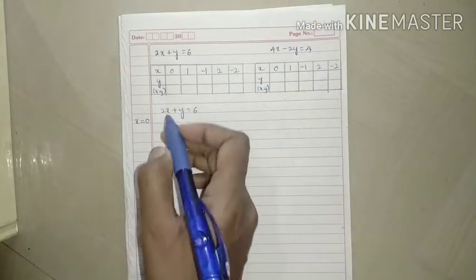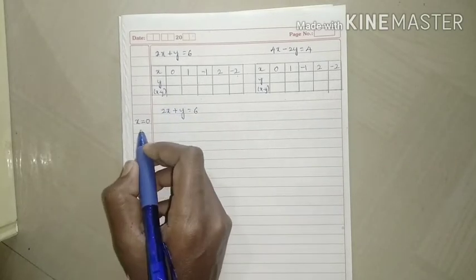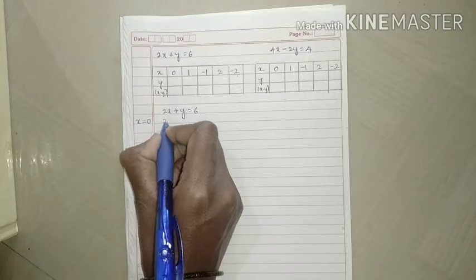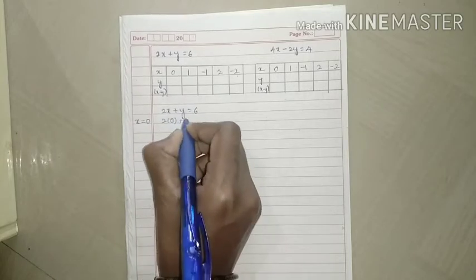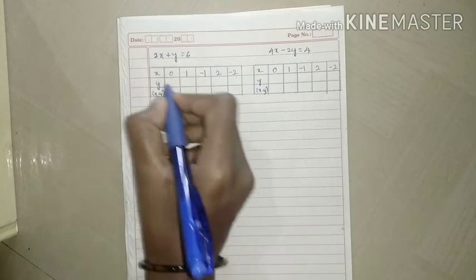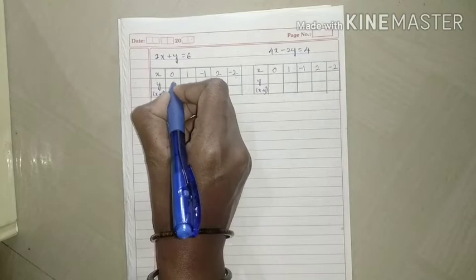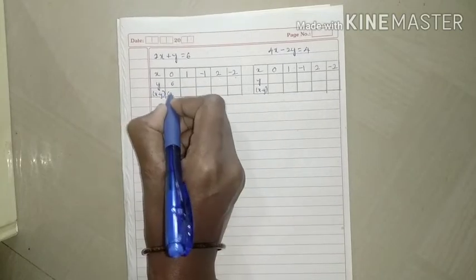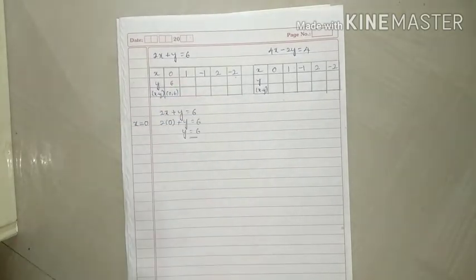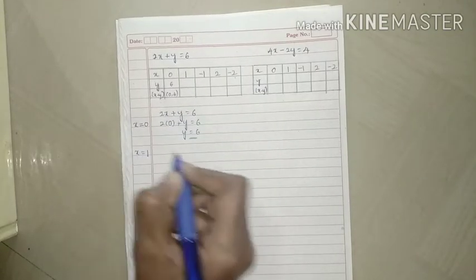So we will solve the first equation. When x is equal to 0, that is 2 into 0 plus y is equal to 6, so y is equal to 6. So the point is 0, 6. Now let me give the x value 1.